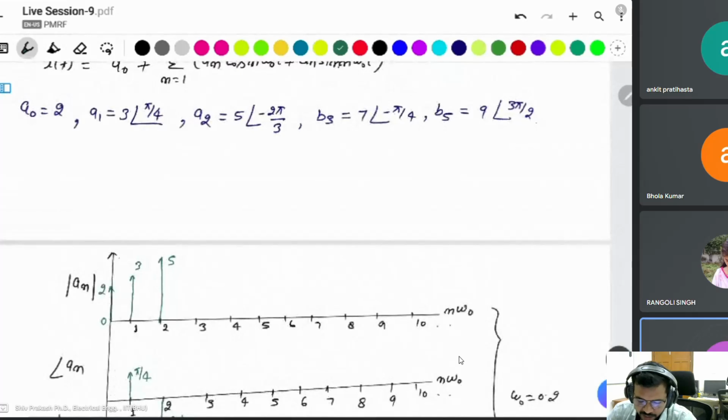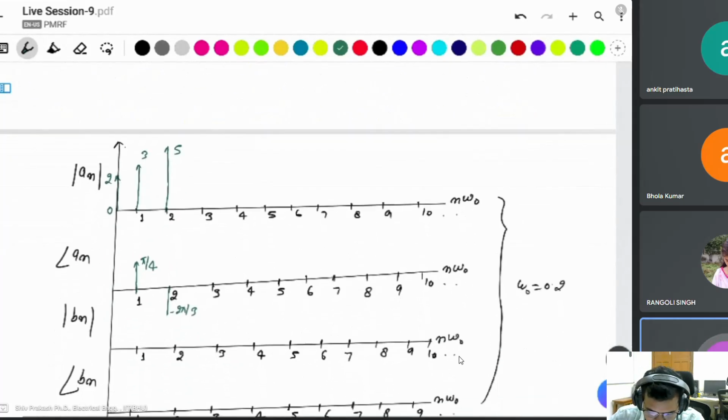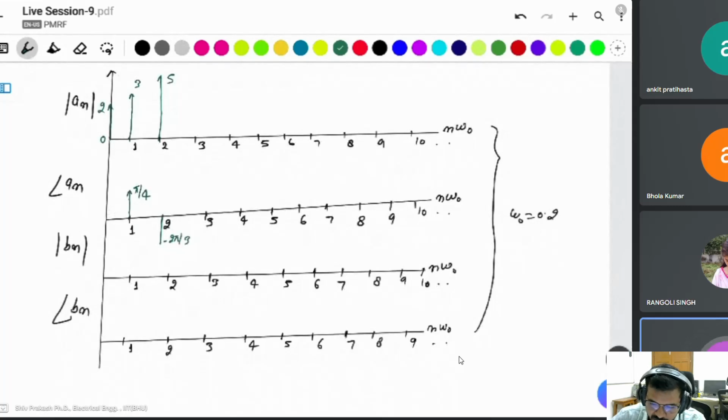Then the an representation ends here. Next is the bn representation. In bn, the 0 frequency is not there, only b3 and b5. B3 magnitude is 7 and b5 magnitude is 9. At b3 the angle is minus pi by 4, and at b5 the angle is 3 pi by 2.